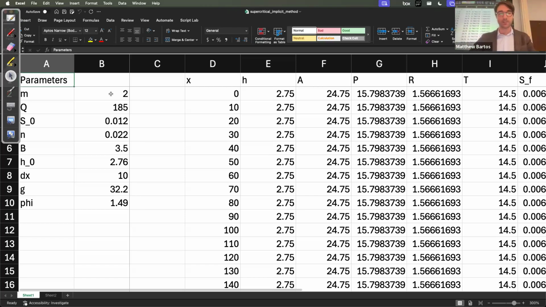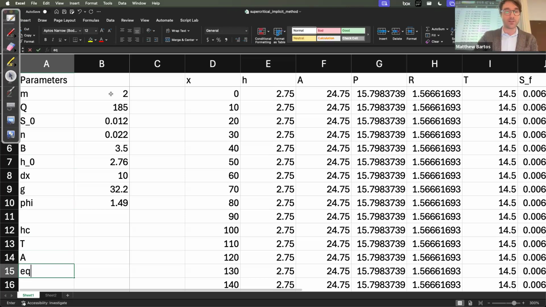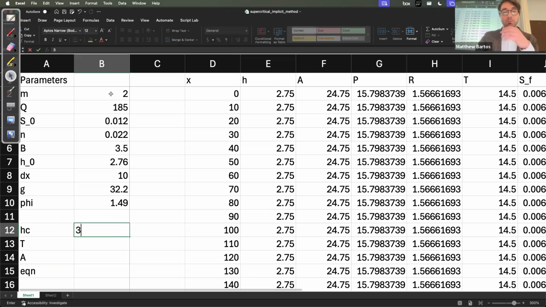So I'm going to do that over here to the side. I'm going to create a cell for the critical depth. For the Froude number, we're going to need the top width, and we're going to need the cross-sectional area. And then I'm going to have an equation that I am solving to set the Froude number equal to 1. So for the critical depth, I'm going to use an initial guess of 3 feet.